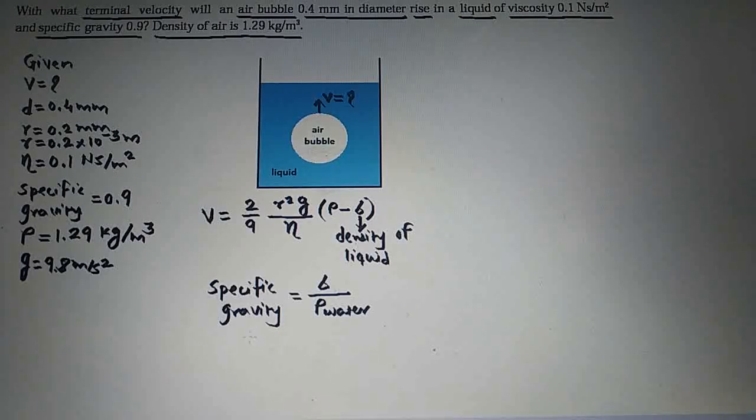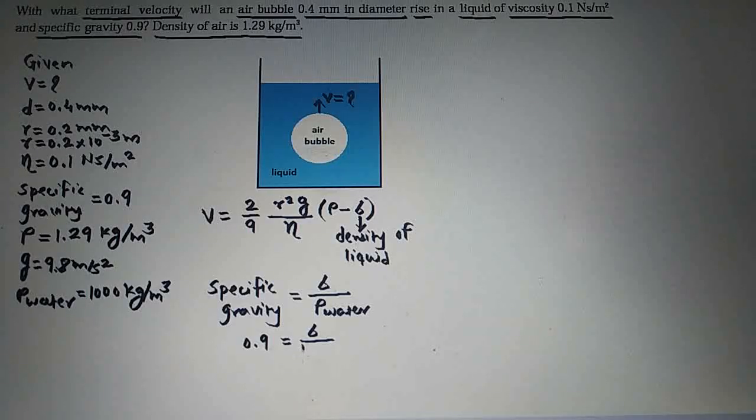So specific gravity is 0.9, equal to density of liquid sigma divided by density of water, and this density of water has a constant value, 1000 kilogram per meter cube.